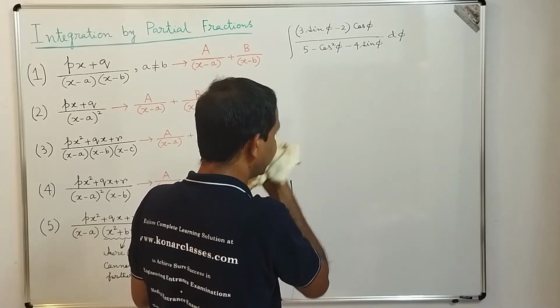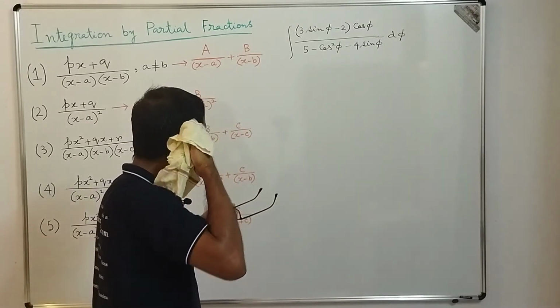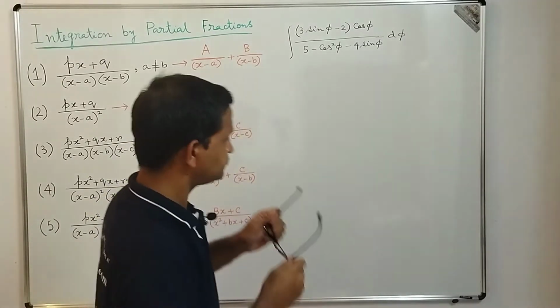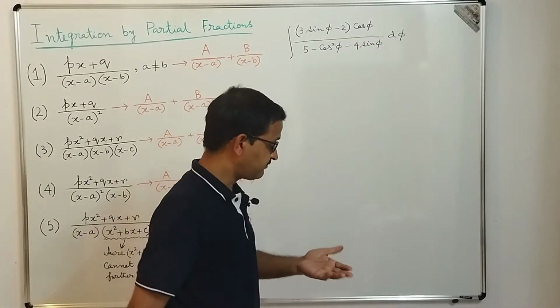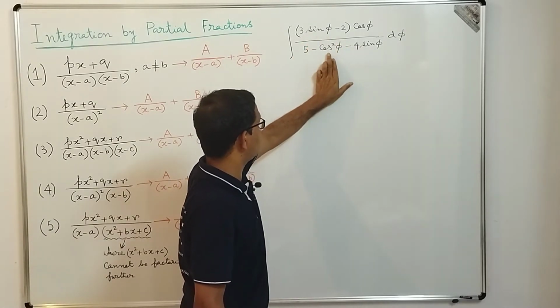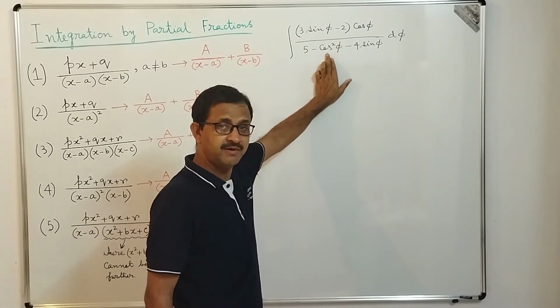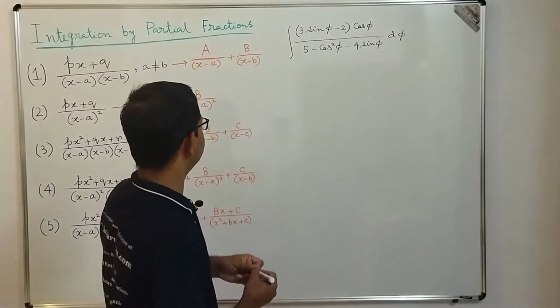Correct? So if sin phi is equal to t, then cos phi d phi will be dt. Then we can proceed further, but wherever the sin phi is there it is fine, but this cos square phi we need to replace by sin phi. How? Because we know cos square phi is equal to 1 minus sin square phi.